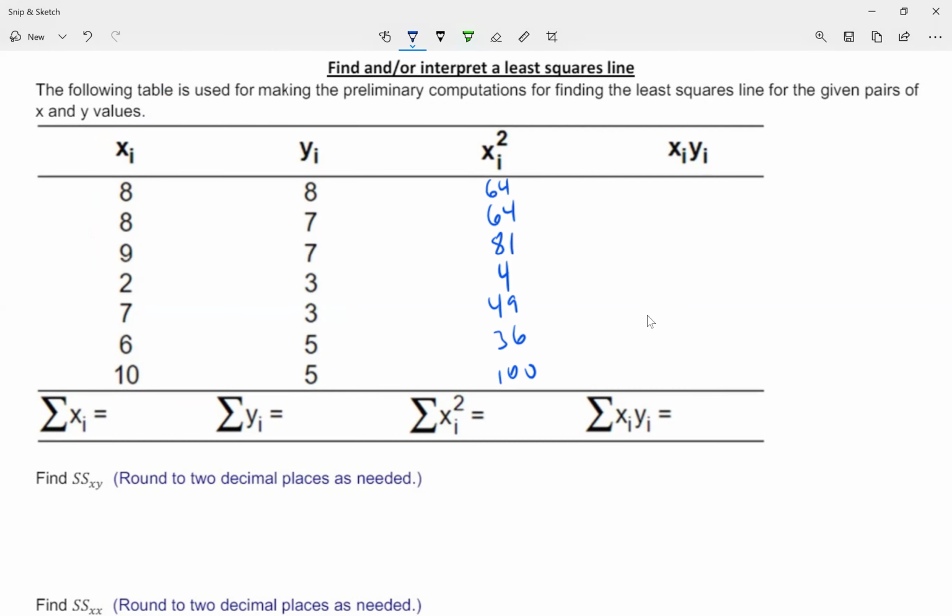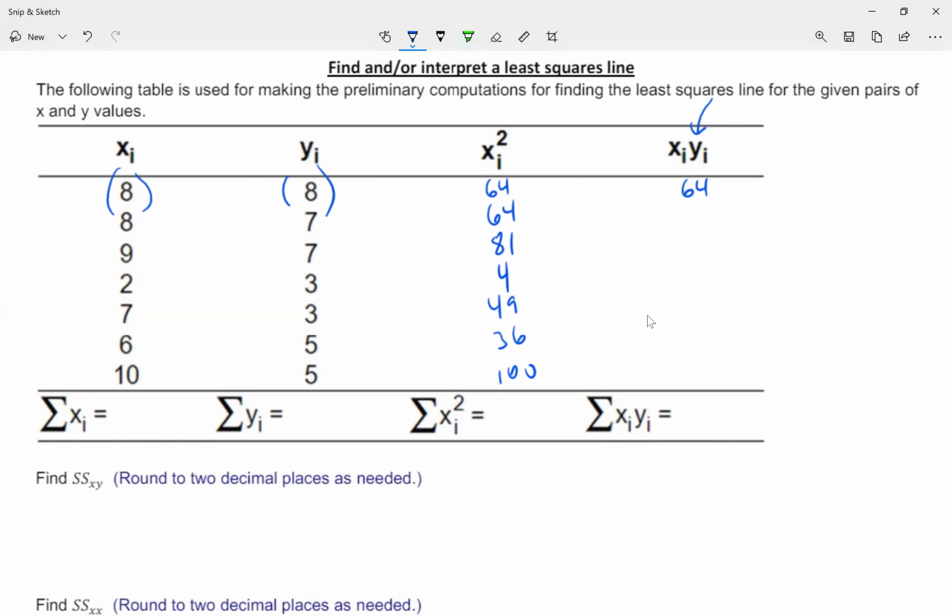Now for my fourth column, I see that I have xi yi. So basically, I'm going to take the column of x and multiply it with the column of y. I'm going to multiply the values of x and y. So my first number would be 64, because all I did was 8 times 8.